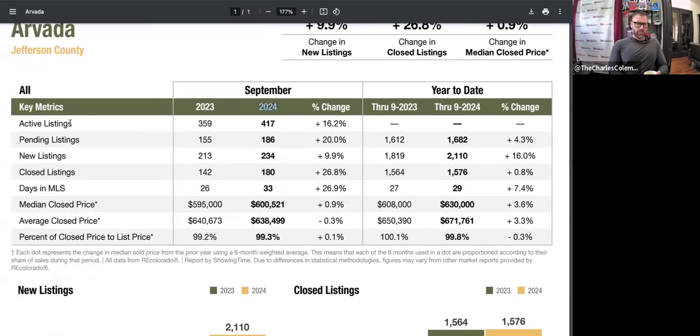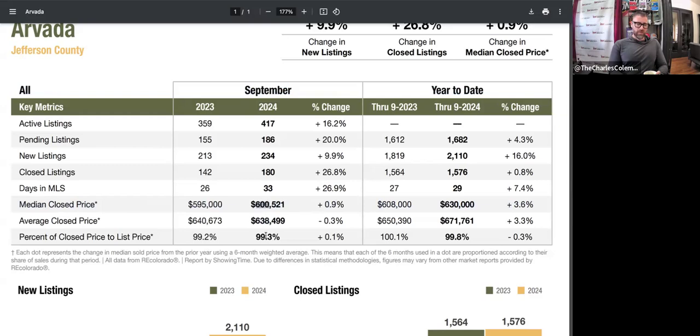We can pull all this data: active, pending, new listings, closed, days in the MLS. Look at this, guys. We went from 26 days to 33. That's 26% change year over year, September to September data. We can go through, and they do go 2023, 2024, but let's go grab this average price, right? So median, average, right? Again, these are outliers.